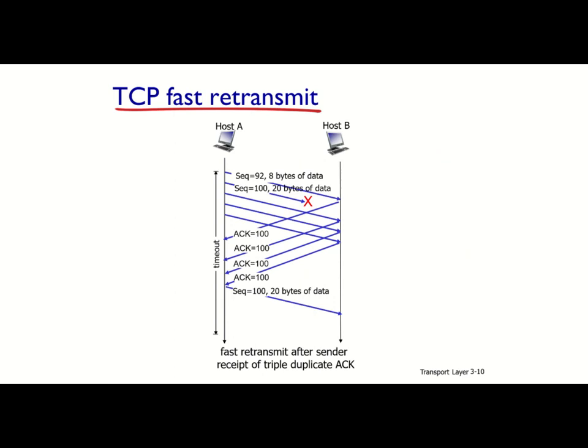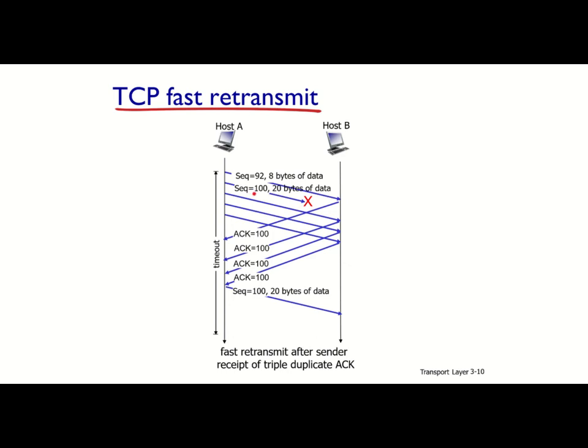In this scenario, host A sends 8 bytes of data to host B at the beginning with sequence number 92, and obviously host B has to reply with acknowledgement 100 because 92 plus 8 is 100, right? And after sending those 8 bytes, host A continues sending more data.